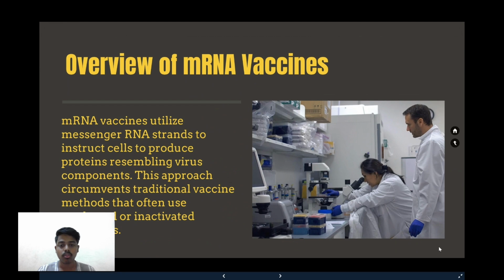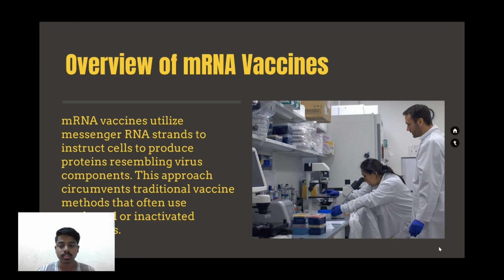Let's take an overview of mRNA vaccines. mRNA vaccines utilize messenger RNA strands to instruct cells to produce proteins resembling virus components. This approach circumvents traditional vaccine methods that often use weakened or inactive pathogens.